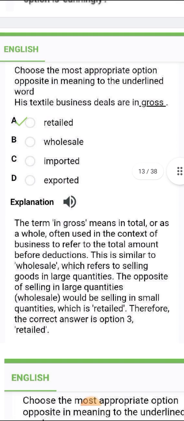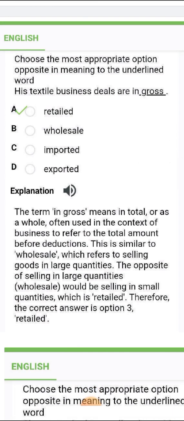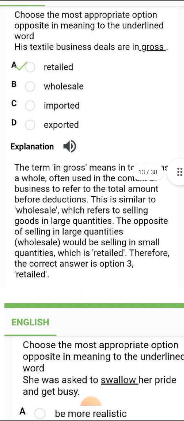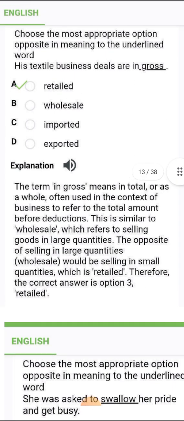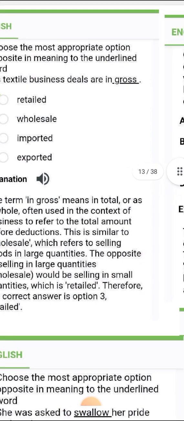This is similar to wholesale, which refers to selling goods in large quantities. The opposite of selling in large quantities, wholesale, would be selling in small quantity, which is retail. Therefore, the correct answer is option 3. Retail, which is the first option there, is the correct answer.